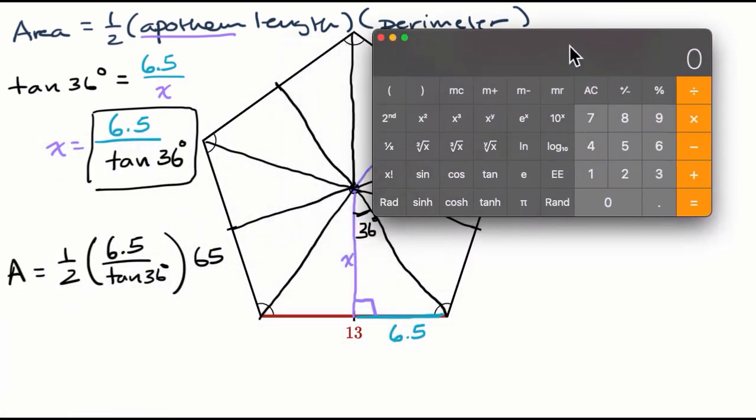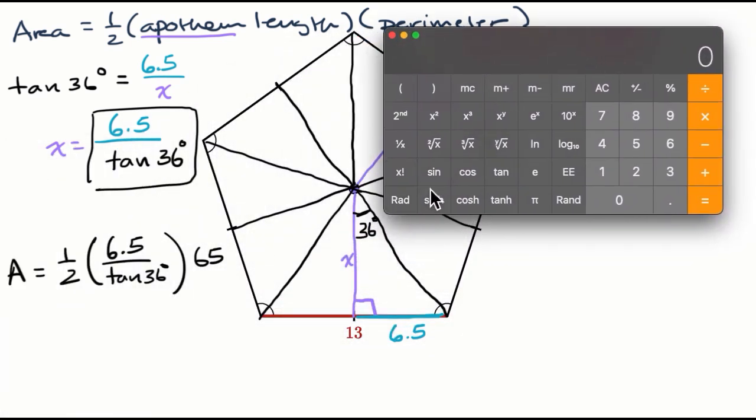Okay. And let me make sure that I am in degree mode. If I were to say the tangent of 45, yes, it is in degree mode, just making sure. So let me clear things out.